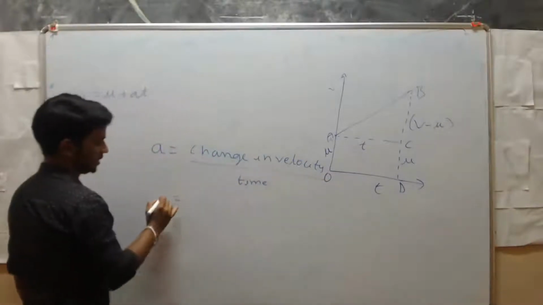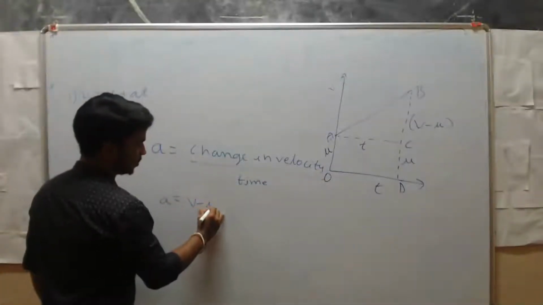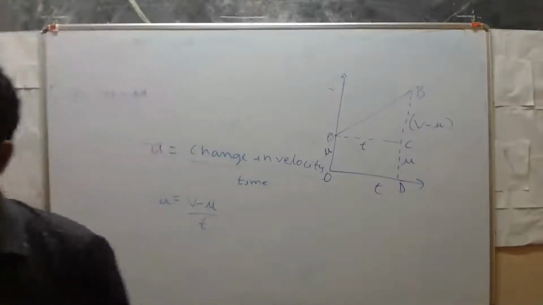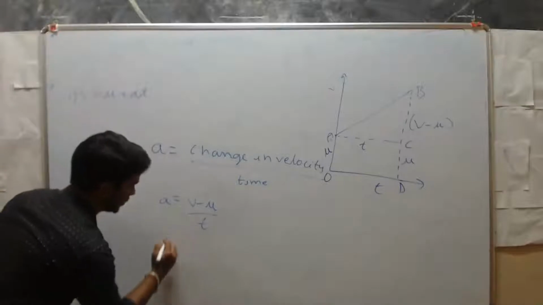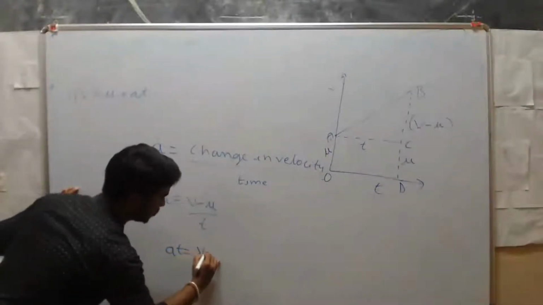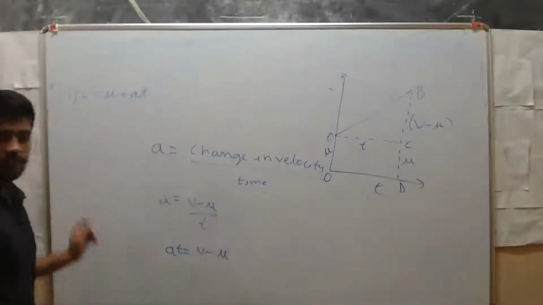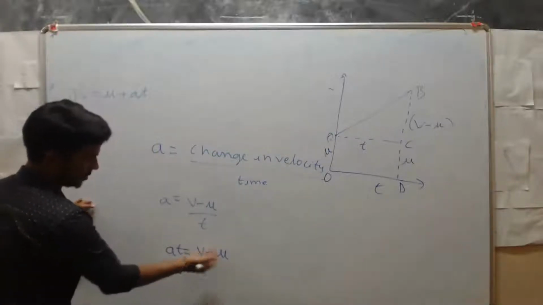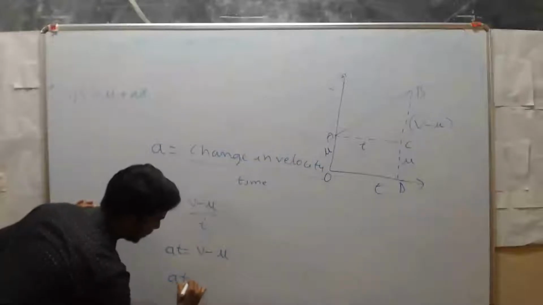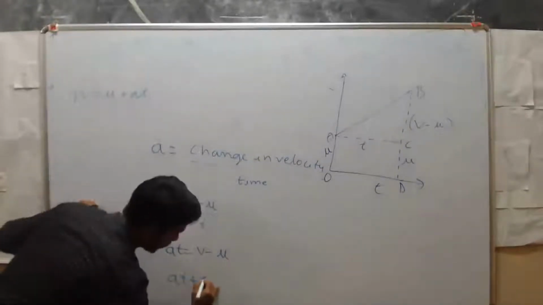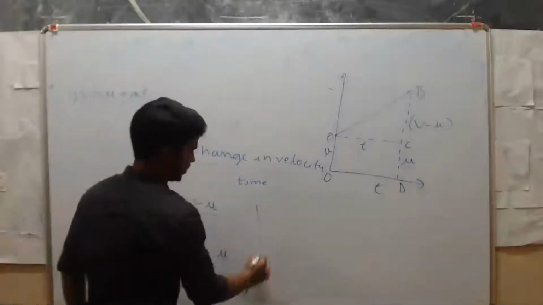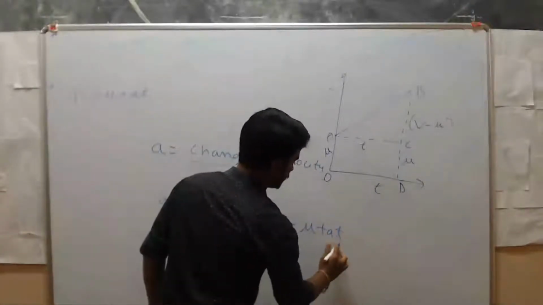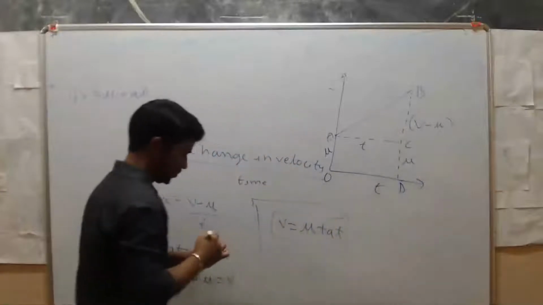Change in velocity is v minus u, divided by time taken. Then bringing this up, at is equal to v minus u. Now we bring the minus u to this side, so at plus u is equal to v, or we can write v equals u plus at. So the first equation is proved.